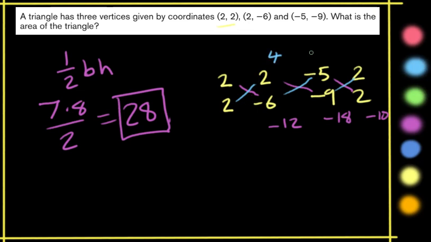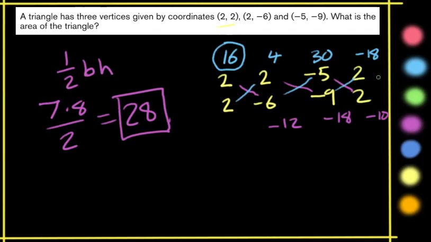Negative 6 and negative 5, that gives you 30. And then negative 9 and 2, that gives you negative 18. And then you add these all up. So 34 minus 18, that's going to give you 16 if I'm not mistaken. So we got 16 total with adding these three together.